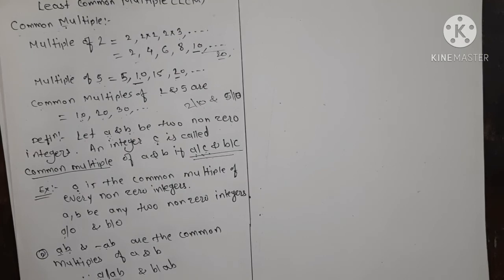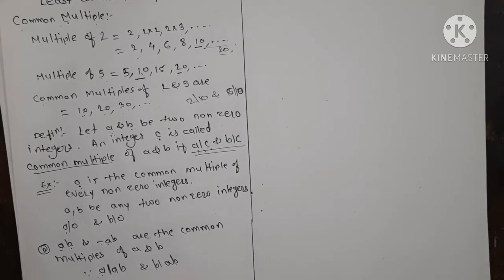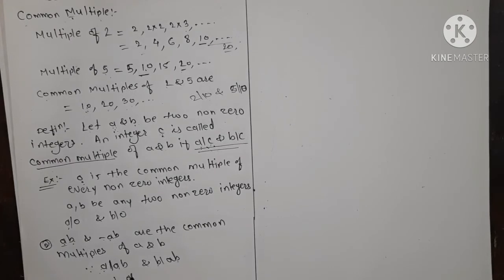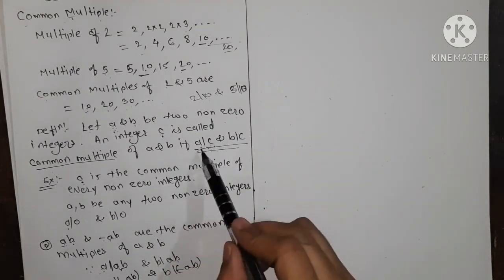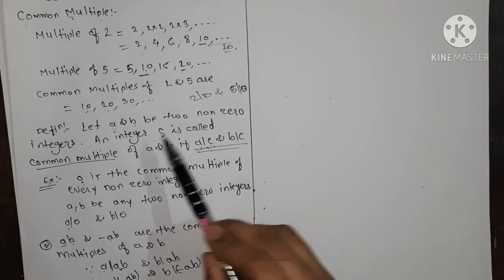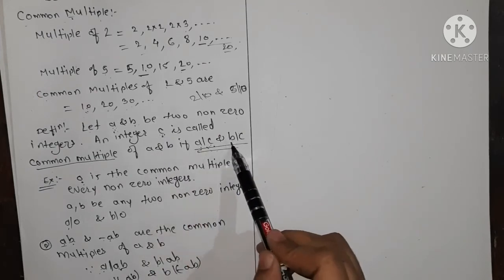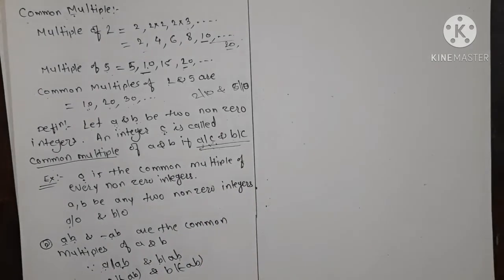So a common multiple of A and B is AB. Also A divides minus AB and B divides minus AB. So minus AB is also a common multiple of A and B, as by the definition: C is a common multiple if A divides C and B divides C.